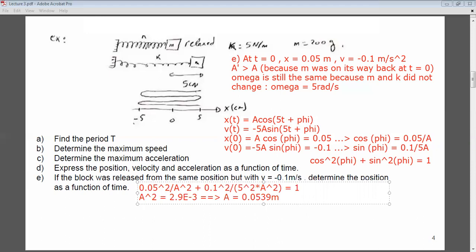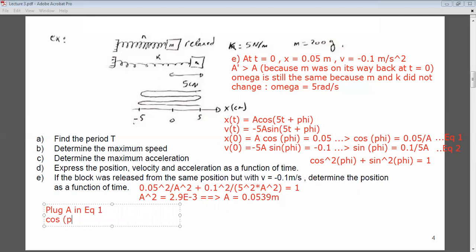So now in order to find phi, let's name this angle here. Let's take this equation, say this is equation 1, and let's say this here is equation 2, okay? So plug A in equation 1. What do I get?